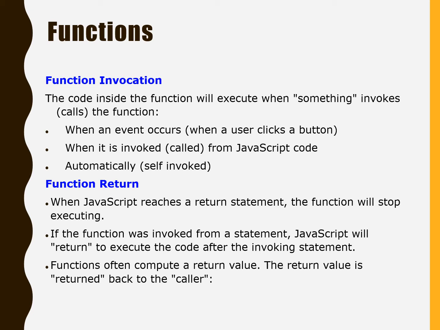So what we discussed about function is, in JavaScript the function can be defined using the keyword function followed by the function name, then comes the parentheses with parameters for the function, then the block of statements should be mentioned. Then invoking a function in JavaScript can happen in multiple ways: whenever an event occurs, or it can be invoked from the JavaScript code itself, or it can be automatically invoked.